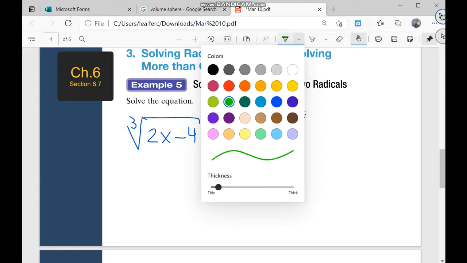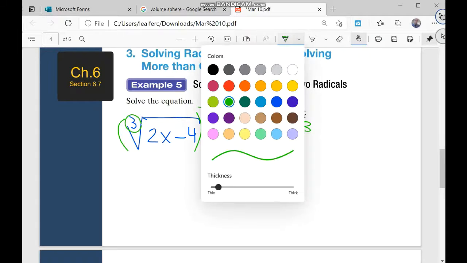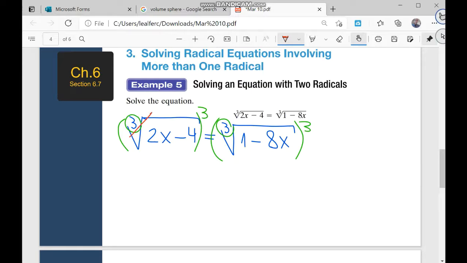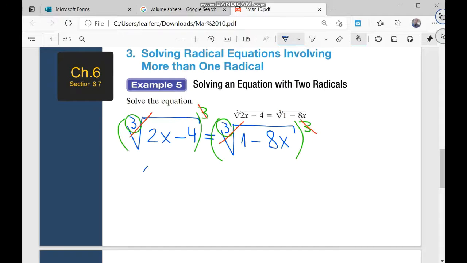Now you're going to apply to both sides of the equation the power equivalent to the index, so the power of 3 to both sides. Now you can simplify the cube root with the power of 3, because you're going to have 2x minus 4 equals 1 minus 8x.